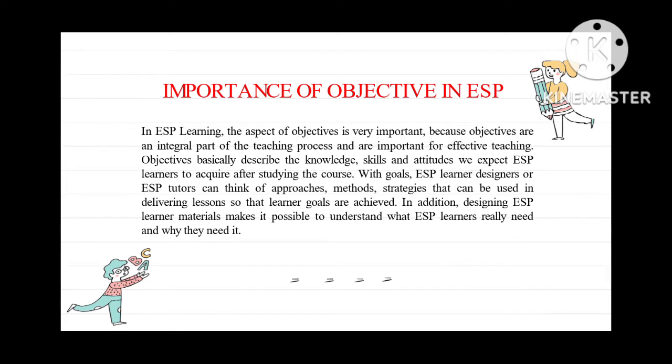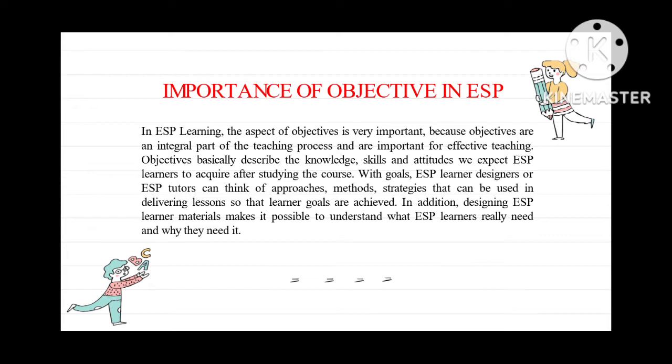I am Morinda Qonita. Next material about importance of objective in ESP. Why is it important? In ESP learning, the aspect of objective is very important because objectives are an integral part of the teaching process and are important for effective teaching. Objectives basically describe the knowledge, skills, and attitudes we expect ESP learners to acquire after studying the course.